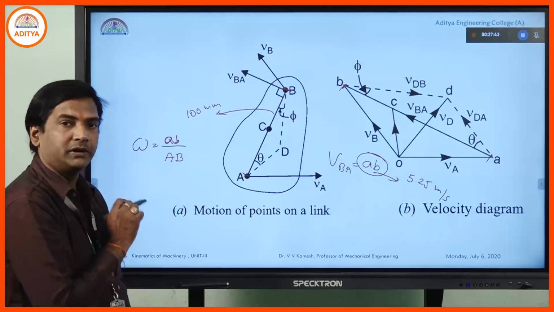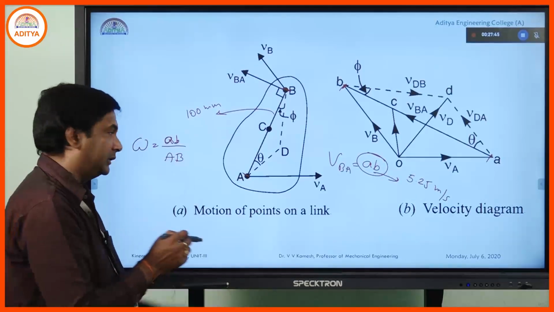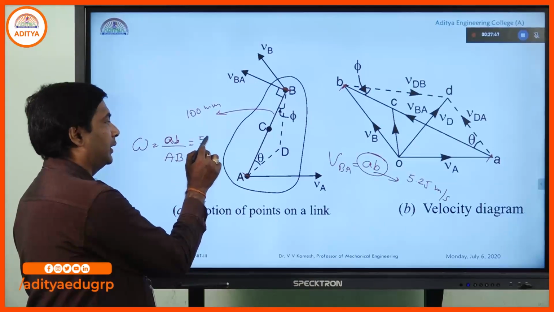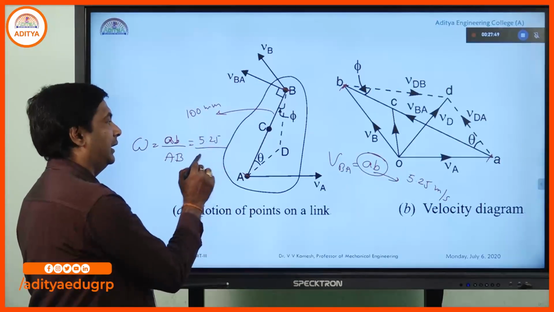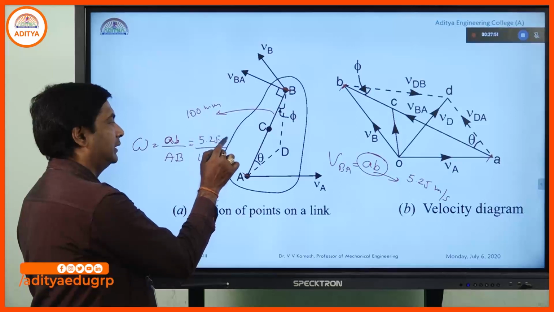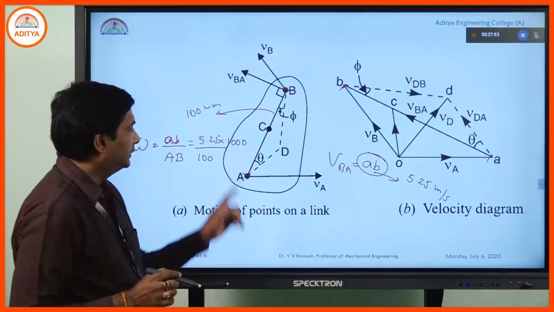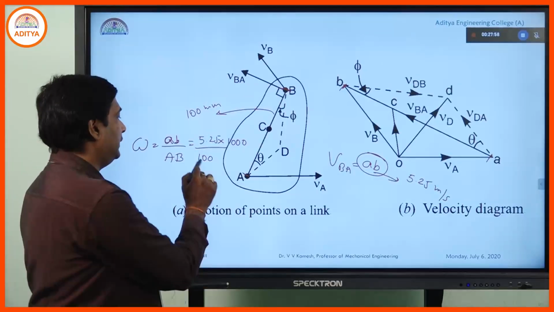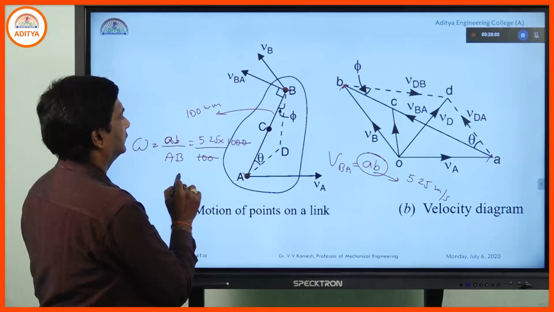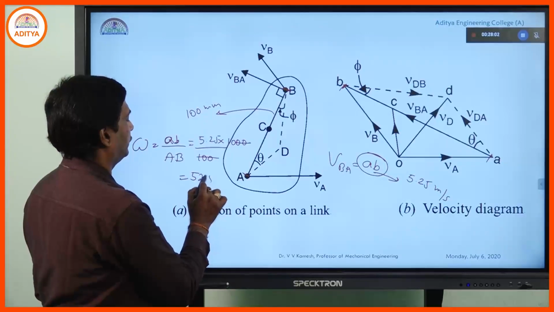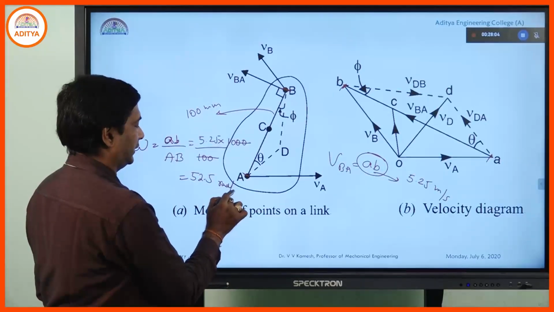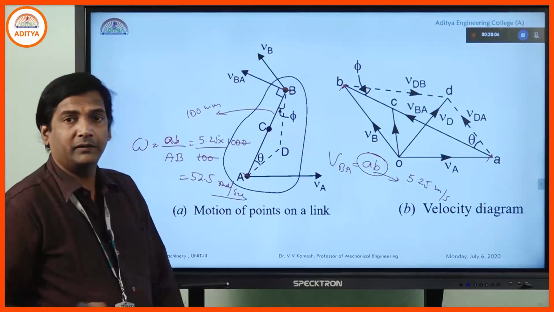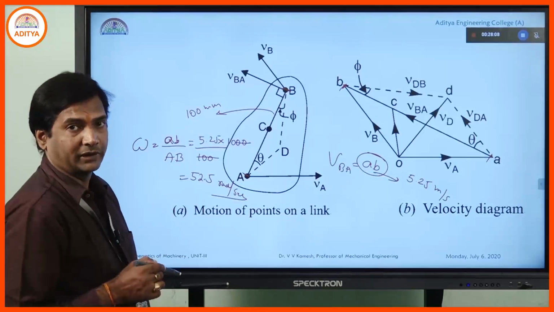This is the velocity component and this is the length component. AB equal to 5.25 meters per second, divided by 100 divided by 1000, because the velocity is in meters per second, so the length has to be converted to meters. Then this becomes 52.5 radians per second. Omega will always be in radians per second.